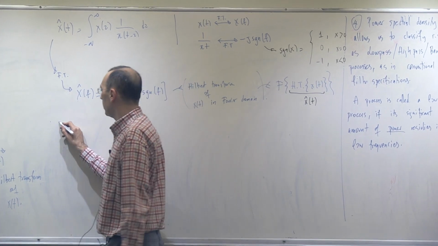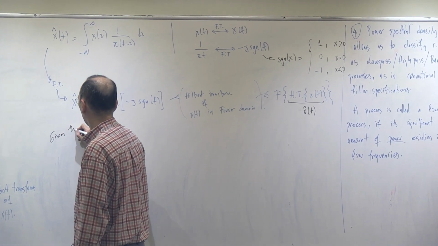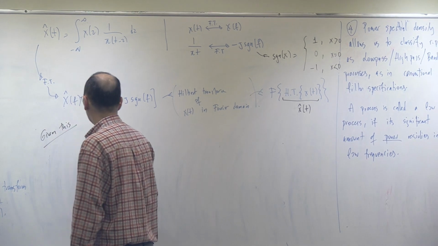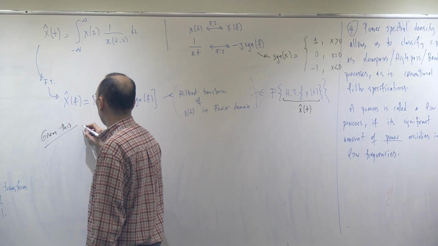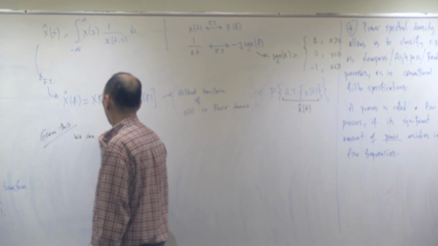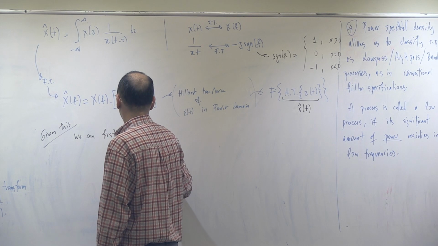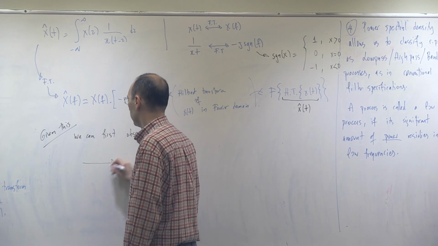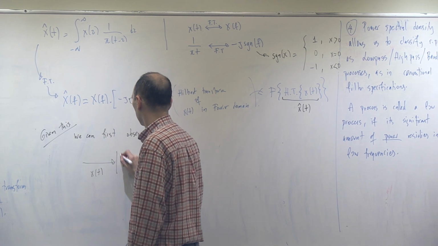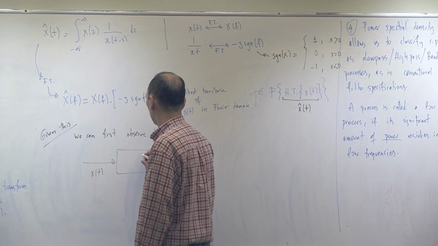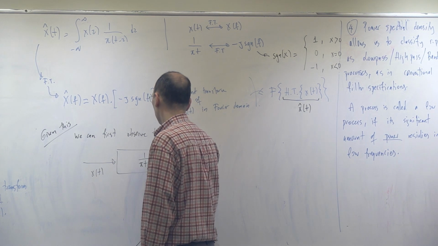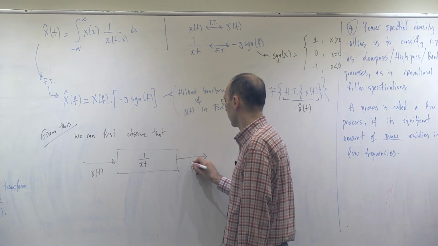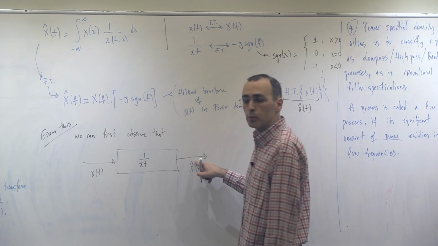Now, given this, we can first observe that if I have x of t going into 1 over pi t, this is the output.